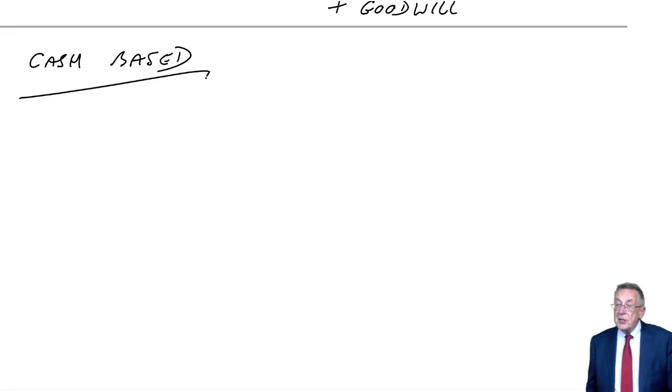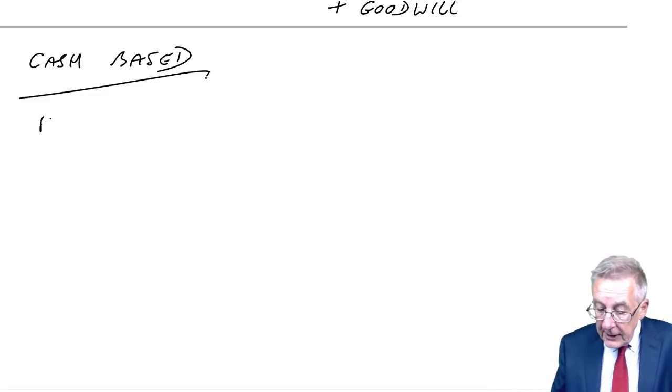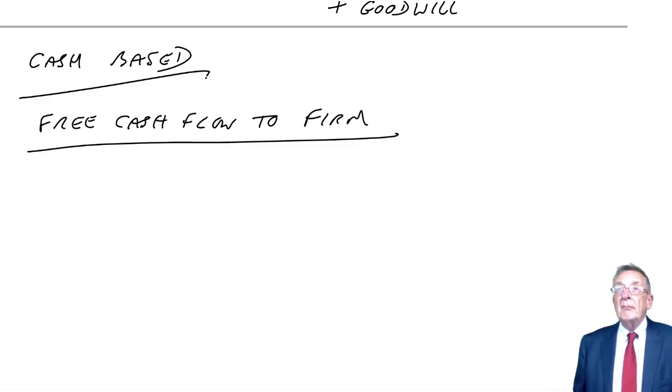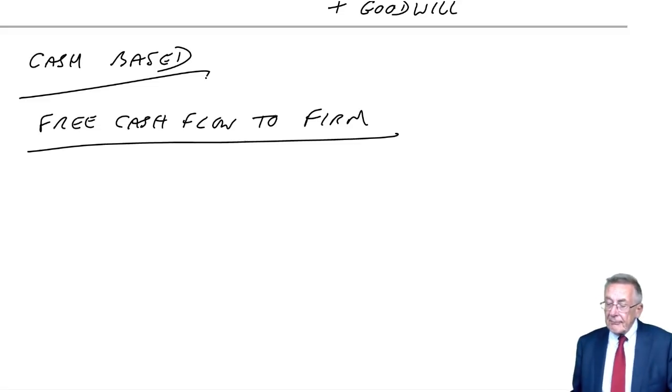And there are two approaches here, two cash-based, which are similar, but there's a big difference. The first method is called free cash flow to firm. And this effectively, I didn't mention it earlier actually, is exactly the same as doing project appraisal.